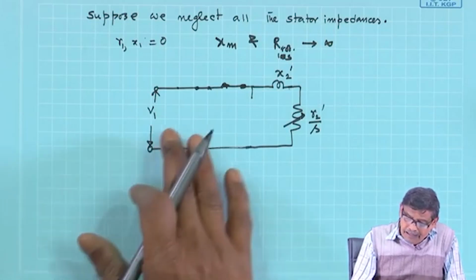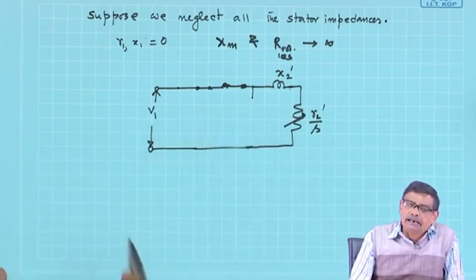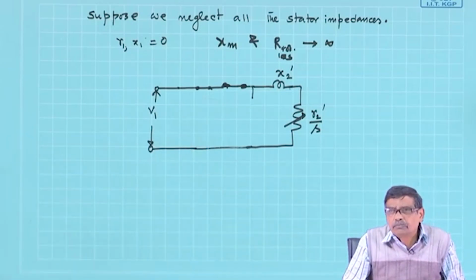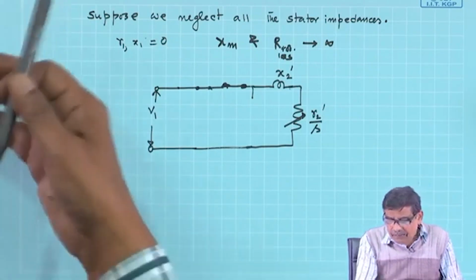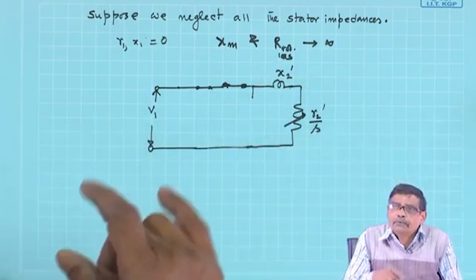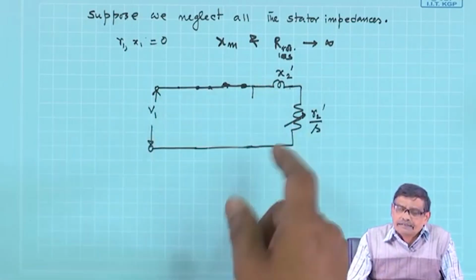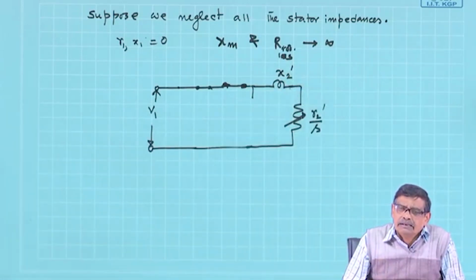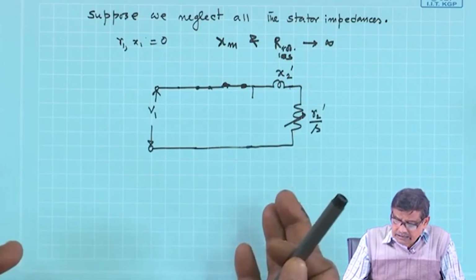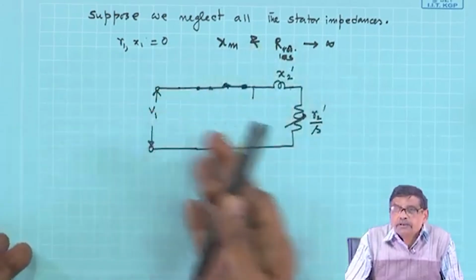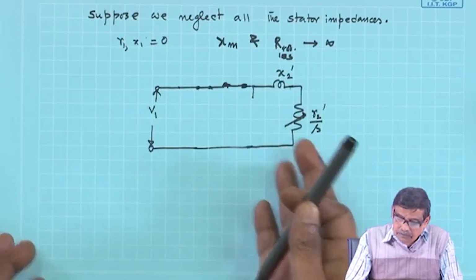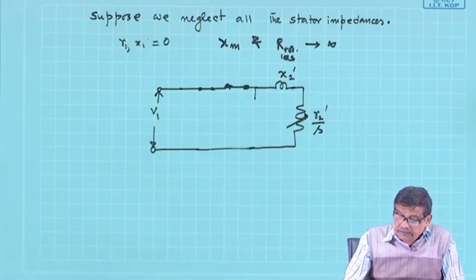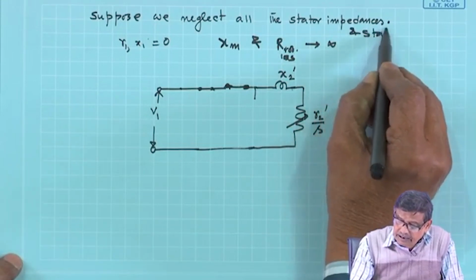And to do this, it is very simple. For example, one way I can do it, I have already found out R Thevenin's, V Thevenin's in terms of that, the expression of the torque, etc. I will once again bring out those expressions. There I will put R1 X1 0, X m if it is there in that expression, infinitely large, and I can get the expression for this so called equivalent circuit whose stator impedance and stator losses I have neglected.